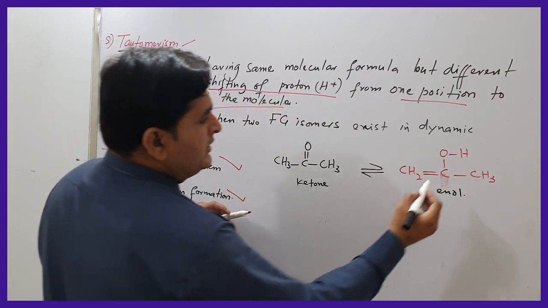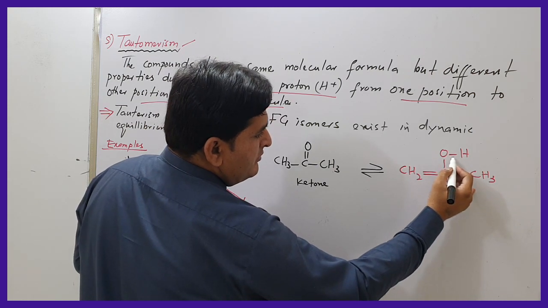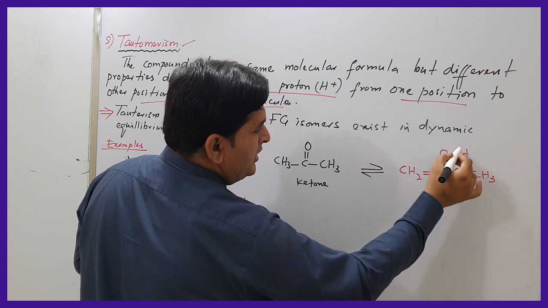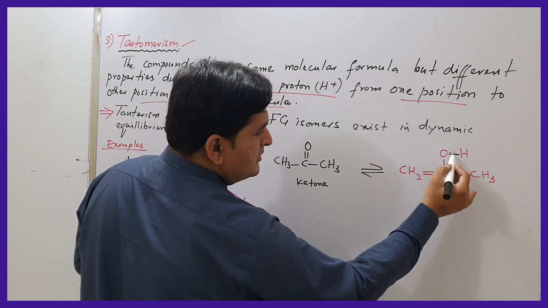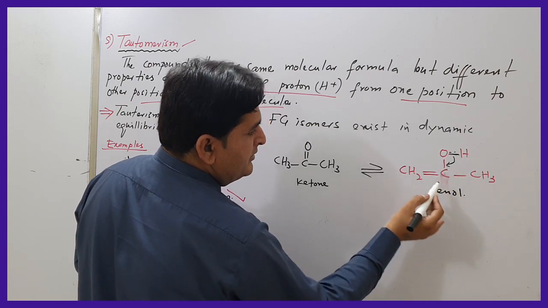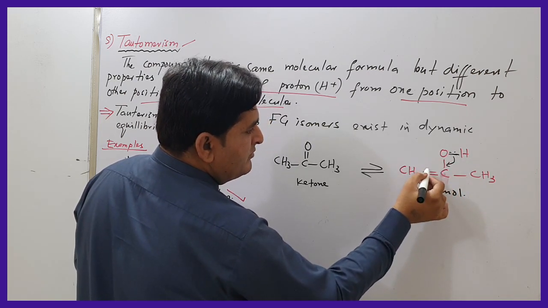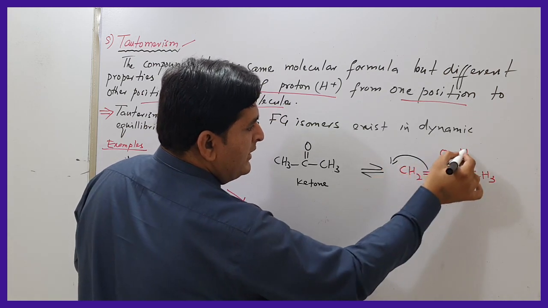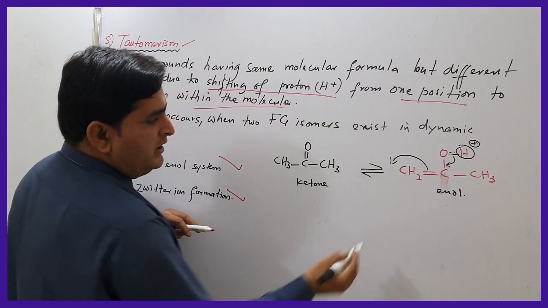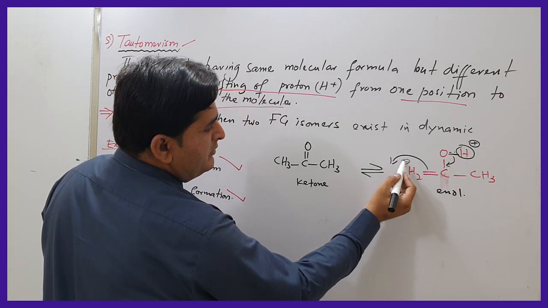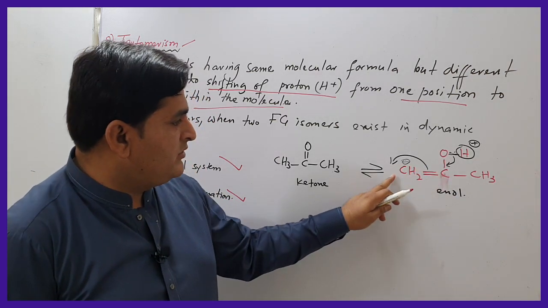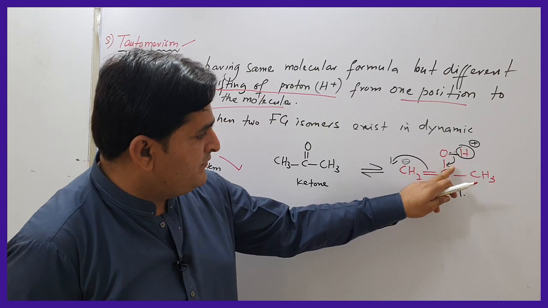Now what happens is that the hydrogen on oxygen is detached from this position and it donates its electron to oxygen, and oxygen shares these electrons with this carbon. As this bond is going to form, this bond will break. Hydrogen is removed from this position as a positive ion. Now at this position there becomes a negative charge, as this electron pair is shifted from this carbon to this carbon, as this carbon has taken electrons from oxygen.